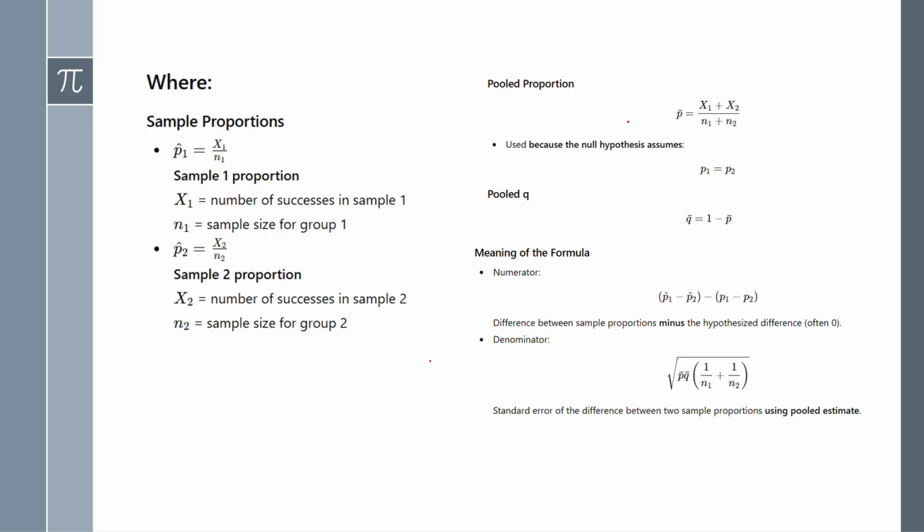This is what we call the pooled proportion. And we have here the pooled q, that is q bar equals 1 minus p bar. The numerator is the difference between the sample proportions minus the hypothesized difference, often equal to 0. So take note of the denominator: this is what we call the standard error of the difference between two samples using the pooled estimate.